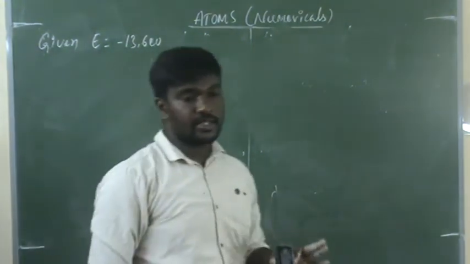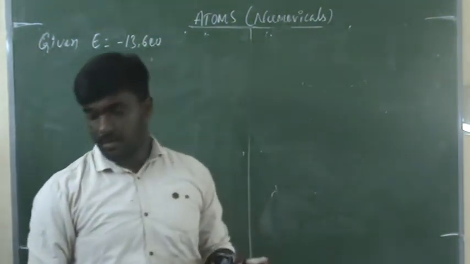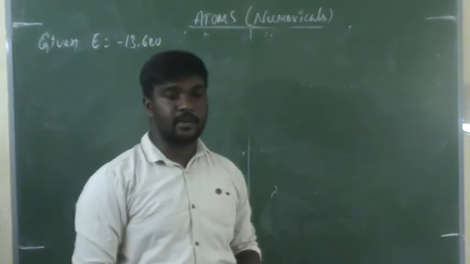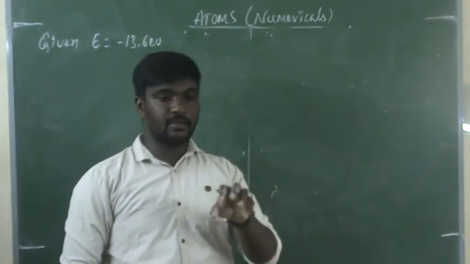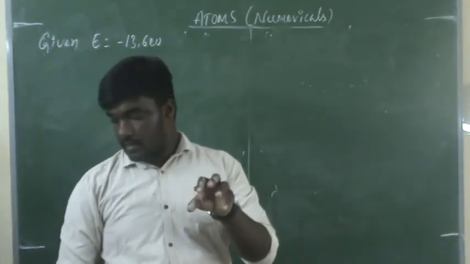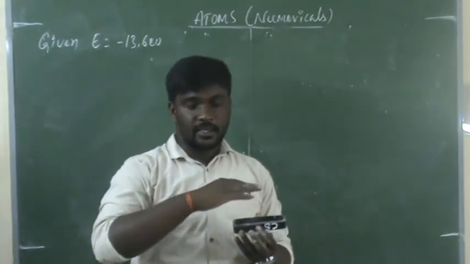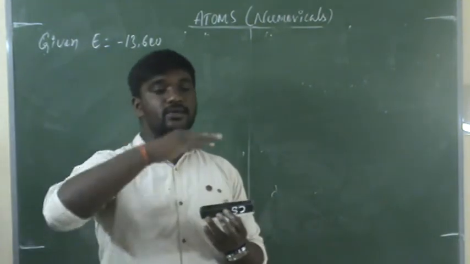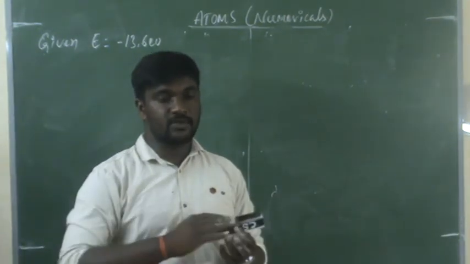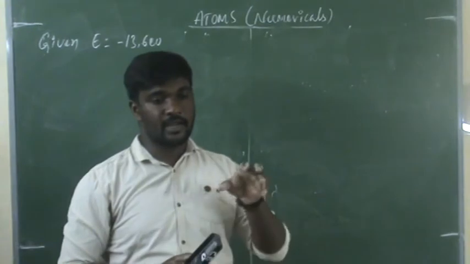So what question is given: an electron in a hydrogen atom. In a hydrogen atom the electron is in the ground state. First it is in the ground state, then it is excited to the fourth orbit when energy is supplied.